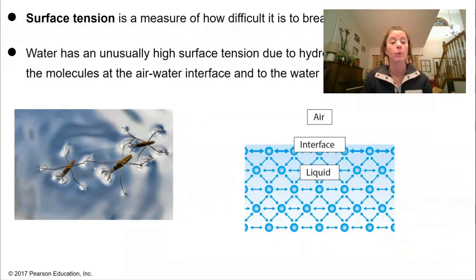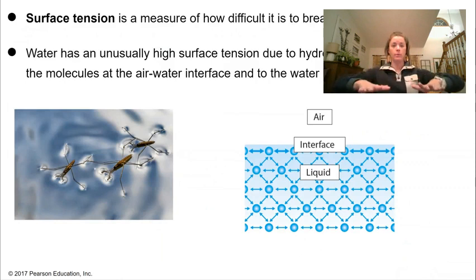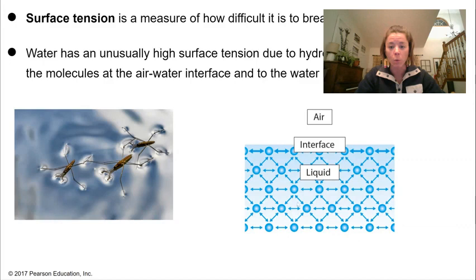It does enable that really cool water bug to float on the very top of the surface and walk its way, because that bug has such nimble, light legs. It's able to distribute its whole body mass over the surface of the water and not disturb any of those hydrogen bonds, which I think is just absolutely incredible, that you can have whole animals that can just float on the top of that.